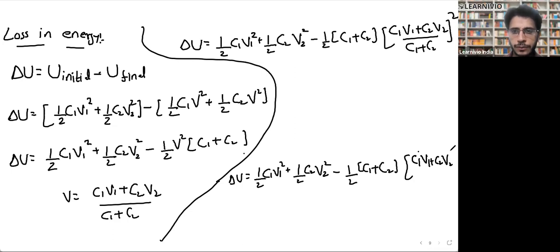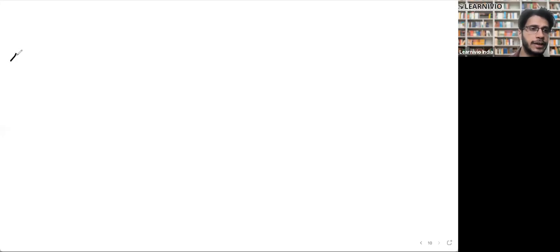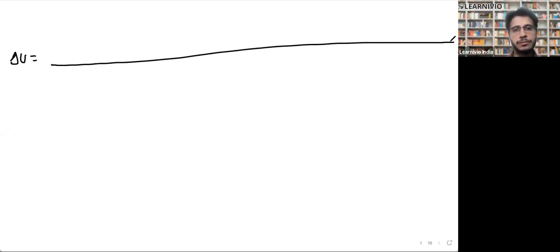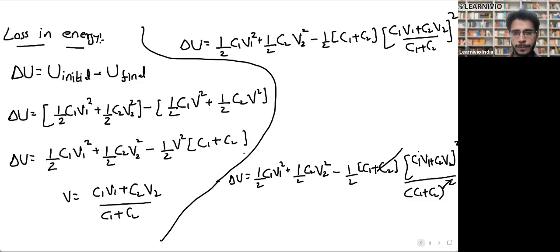So we can cancel that C1 plus C2, and one factor cancels the whole square. Next, lengthy calculation. We can take half as the LCM, so it will be 2 C1 plus C2 as LCM.